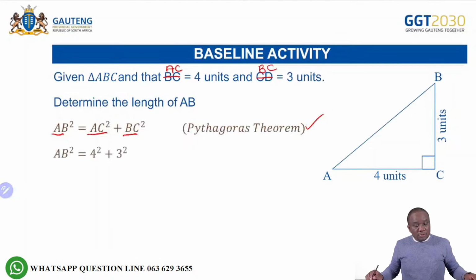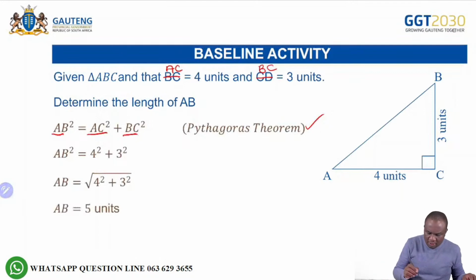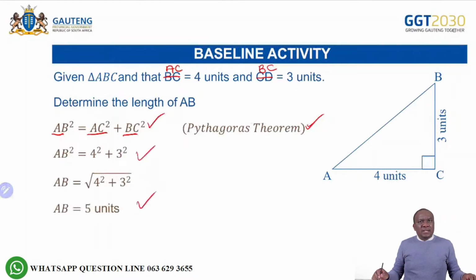And then we substitute into the theorem there. We can find what 4 squared plus 3 squared is, which is 16 plus 9, which is 25, isn't it? But you can even put it in your calculator like this, and then you get that AB is 5 units. Okay, let's mark our work. Statement, reason, then substituting correctly, and then the answer there.